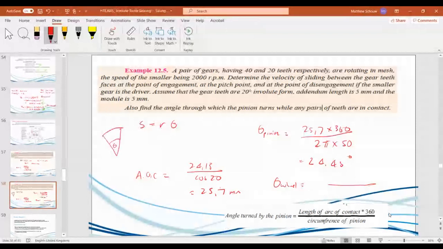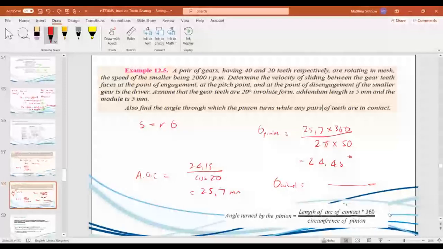That's the arc of contact we have, and what we're actually seeing is, as it rotates, for that particular instant, how much. Obviously, the reason why the 360 and pi are there is to convert it into degrees. So that's your arc.